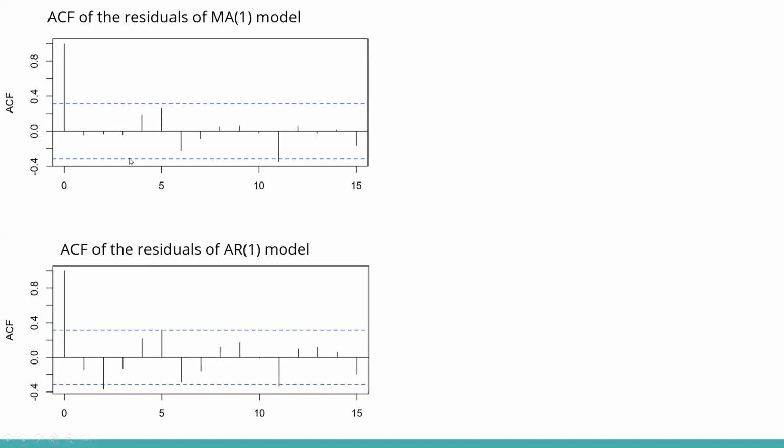Can you see that now? But if you look here, probably around lag 2, you're going to see something out, right? And if you look here again, you have another one out.